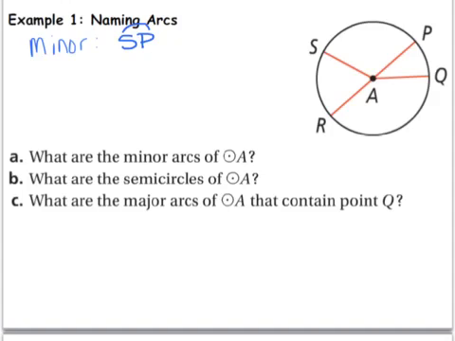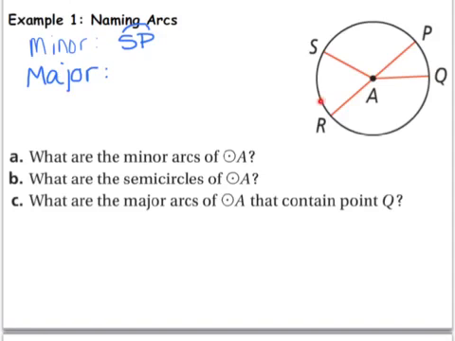For a major arc you have to name it using three letters. For example, if we wanted arc SRP, we can't simply name it SP. SP, if you only use two letters, refers to a minor arc, which would be the small arc, less than 180.